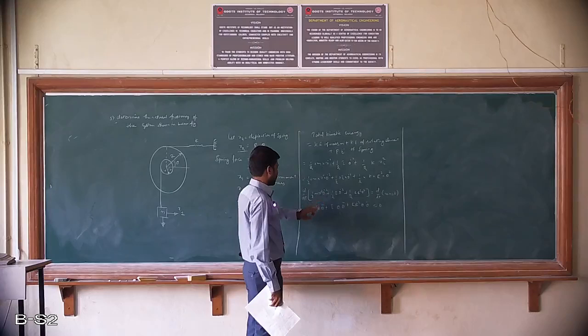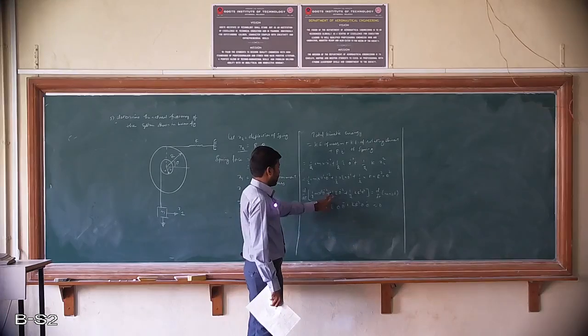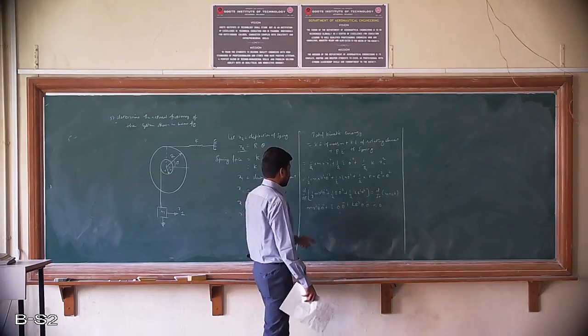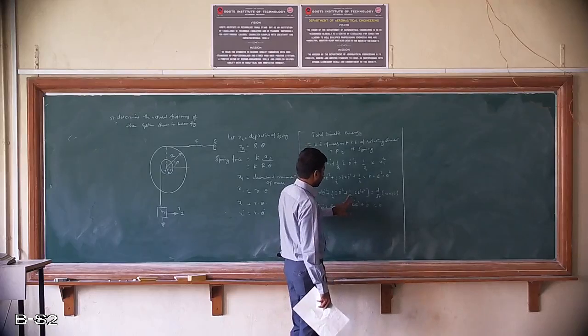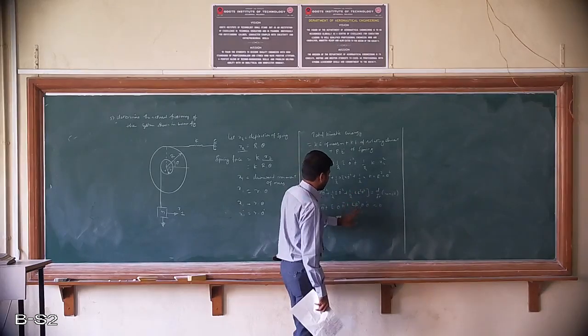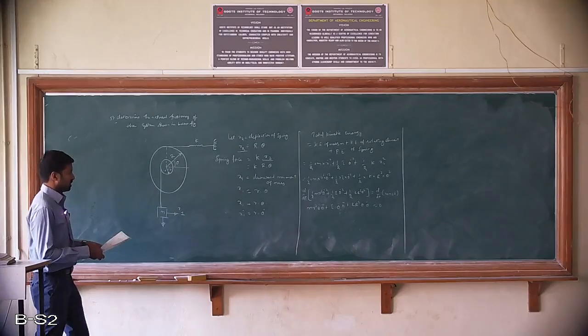This 2 and this 2 get cancelled. So the remaining term is m r square theta dot into theta double dot, plus half into I into 2 into theta dot into theta double dot. The 2 gets cancelled, and the remaining term is I into theta dot into theta double dot. Similarly here, half into k into r square into 2 theta into theta dot, the 2 gets cancelled, and the remaining term is k into r square into theta into theta dot.